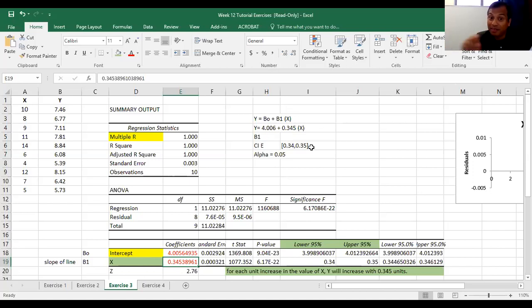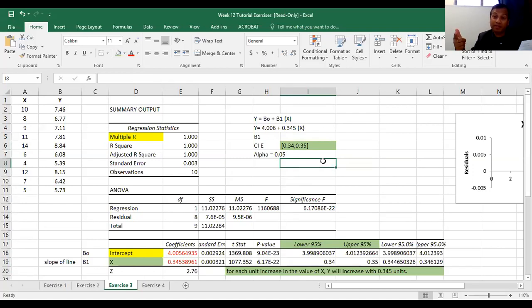Since this interval over here is 0.34 and 0.35, what is the question here? Based on this interval, is there a linear relationship between x and y? You have to write, since zero is not contained in this interval, you should reject the null hypothesis.